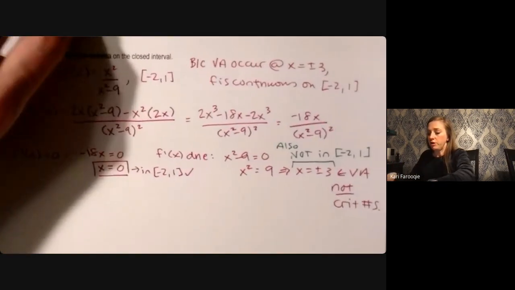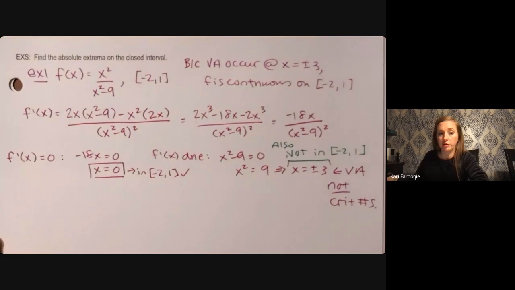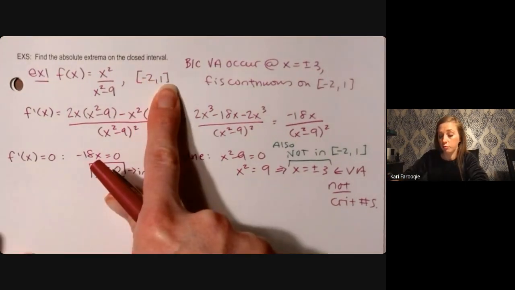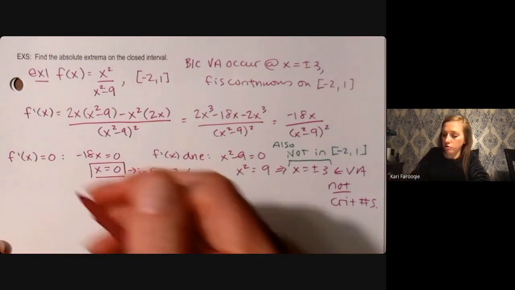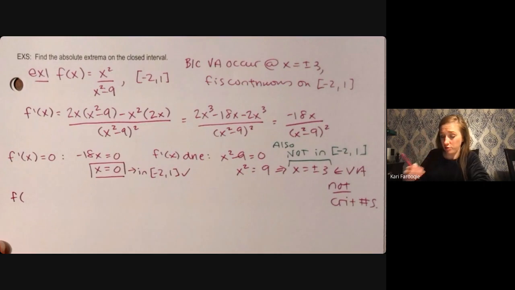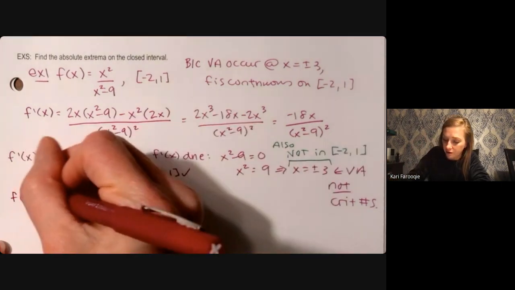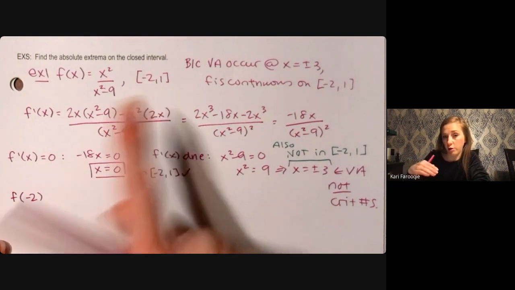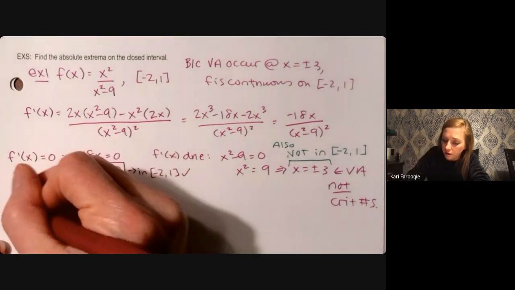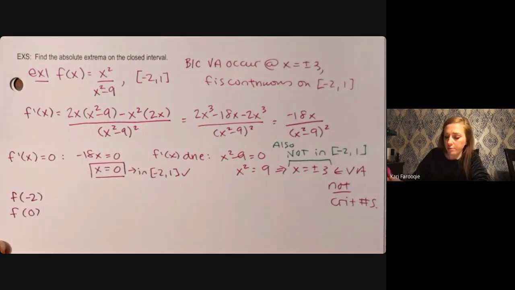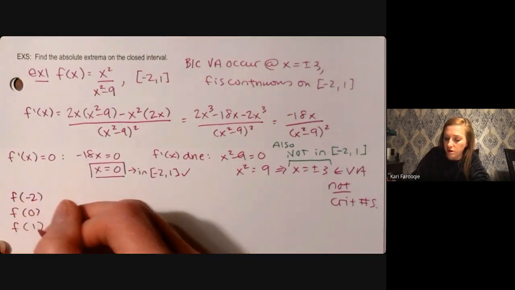So I'm trying to find the y value at x equals 0, x equals -2, and x equals 1. It's up to you the order in which you do this. I like to leave it in order from smallest to largest. So I'll evaluate the endpoint, determine the y value there, then move up to my critical number inside the interval, and then use the other endpoint.